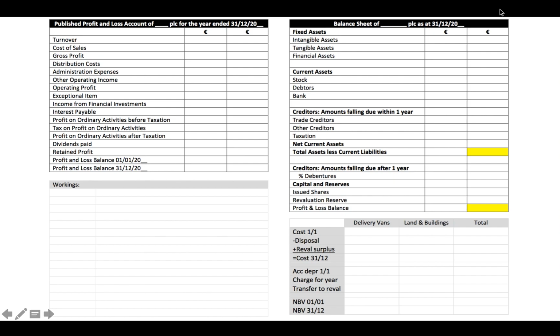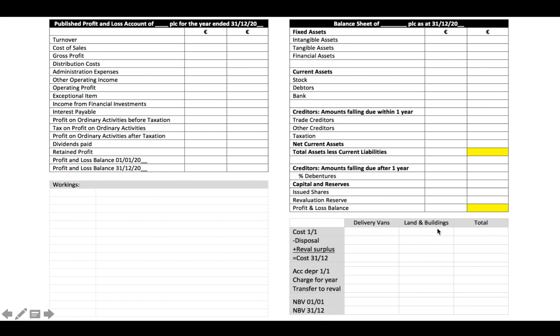The last section, you have creditors, amounts falling due after 1 year, and you've got your whatever percentage debentures in there. Then you have capital and reserves, you have issued shares, you have revaluation reserve, and you have profit and loss balance. Here, I would recommend that you put your tangible fixed assets working there.